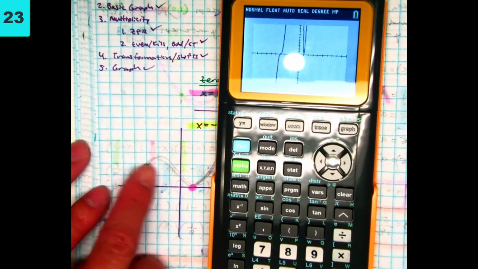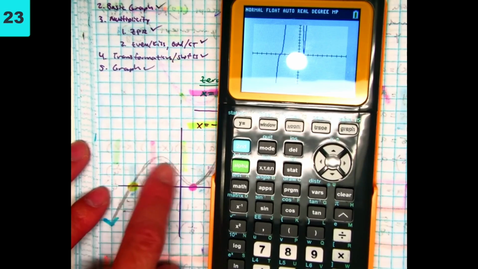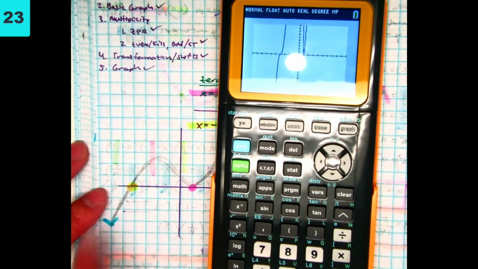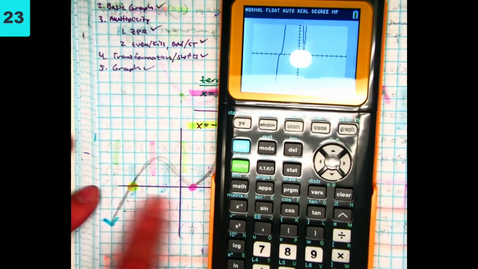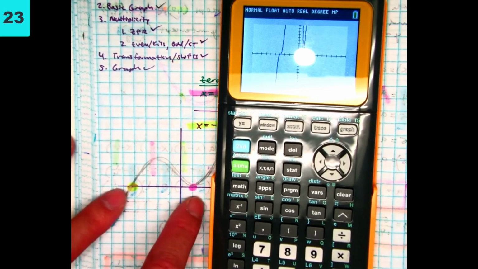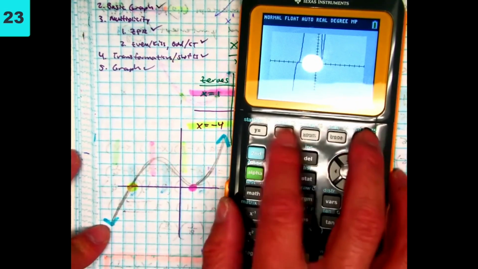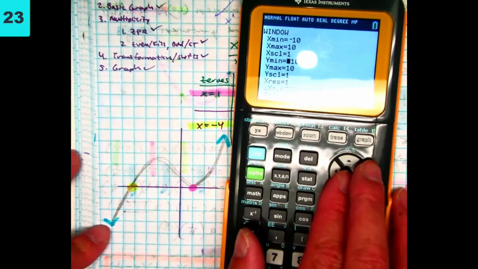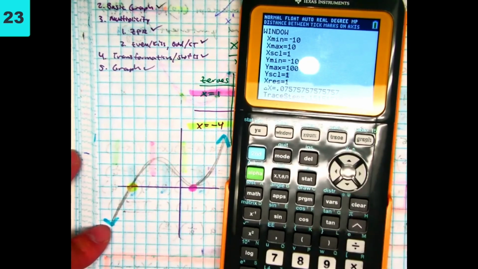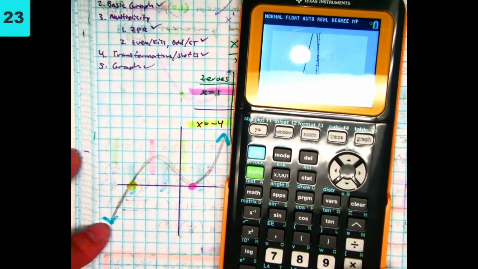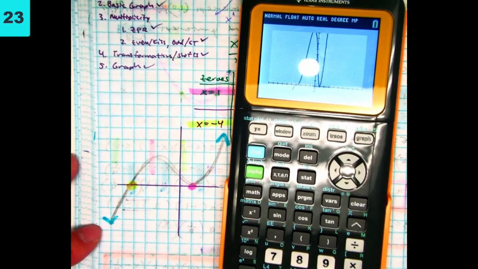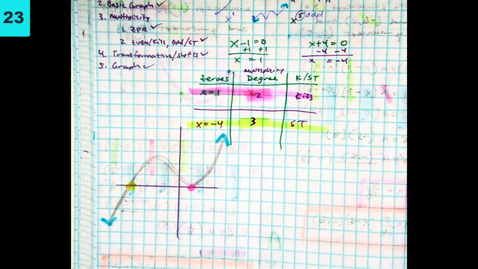And I can tell my graph up here is not as accurate because there should have been more turning points. But the big idea is that we're just looking at what's happening here, to give you an idea. Let's change the window. Ymax 100. Graph. So that's how you graph a polynomial by its x-intercepts.